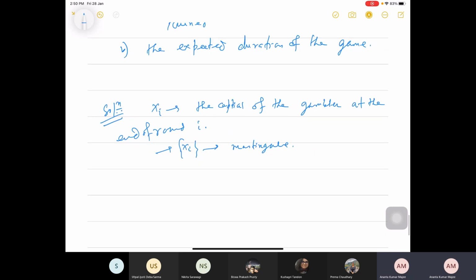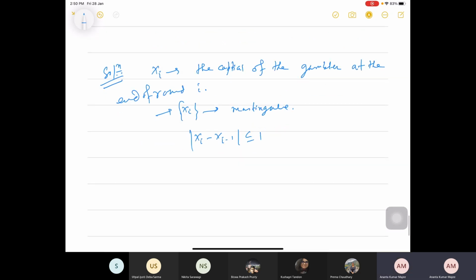And not only that, X of i minus X of i minus 1 is always less than or equal to 1, is it not? Now, when this gambler reaches the boundaries, either he wins a total of $B or he loses A, that means minus A. These are the boundaries.